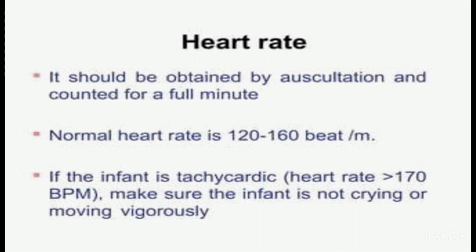It should be obtained by auscultation and counted for a full minute. Normal heart rate for a newborn is 120 to 160 beats per minute. If the infant is tachycardic, heart rate is more than 170 beats per minute. Make sure the infant is not crying or moving vigorously.